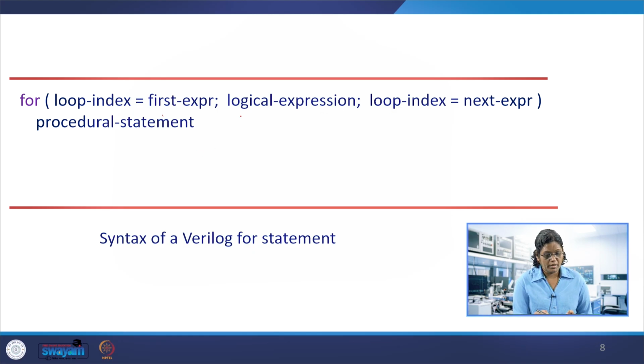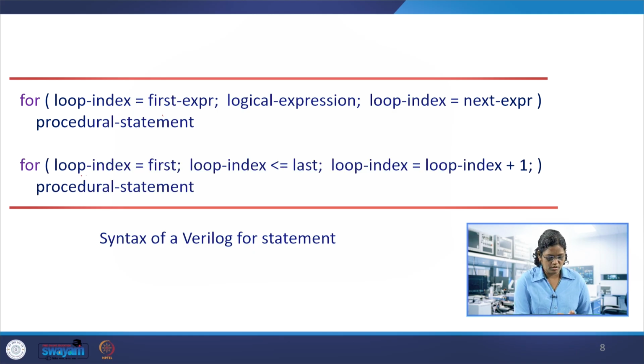This is one format, and we have the other format, loop index equal to first and loop index less than or equal to last, loop index equal loop index plus 1, or if these two are interchanged, it can be a negative also, loop index minus 1, as in the case of any other software languages, then procedural statement. So this expression can also be defined: first expression, and then what is the next expression, I plus 2, and then what is the logical expression to be satisfied.